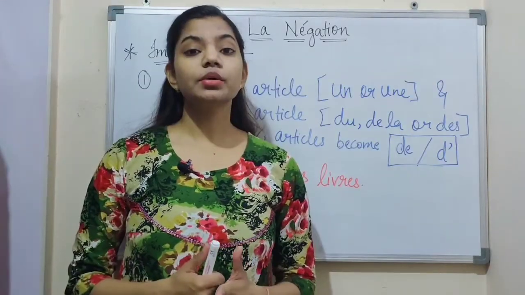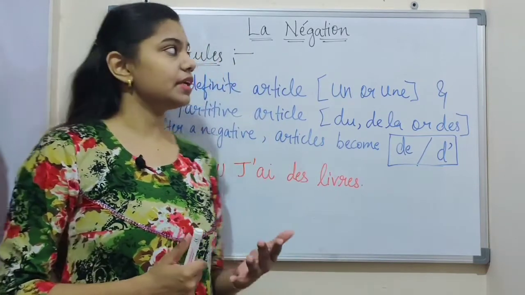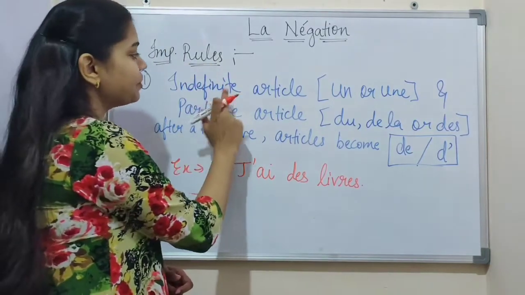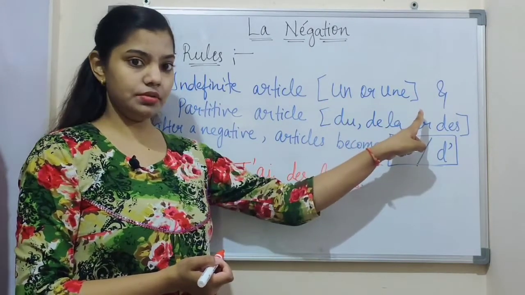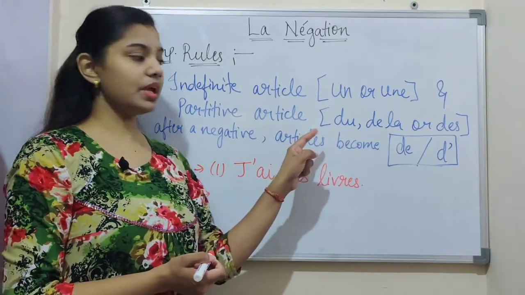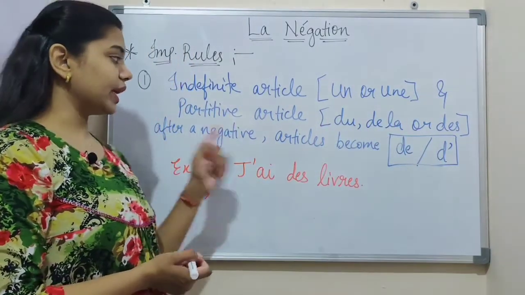So there are some important rules to form a negative sentence. Rule number 1: indefinite articles, which are un, une, and partitive articles, which are du, de la, or des, become de or d' after a negative.